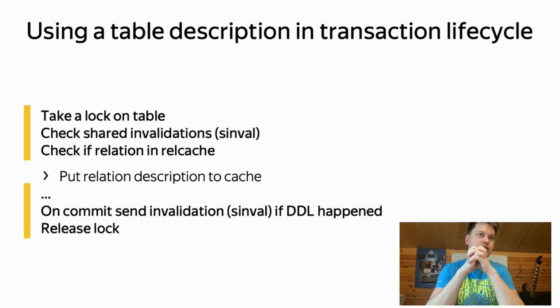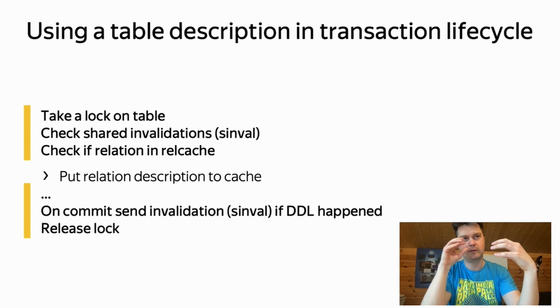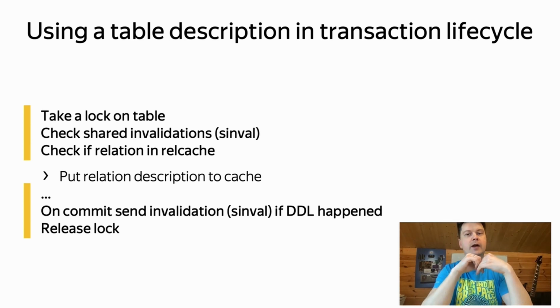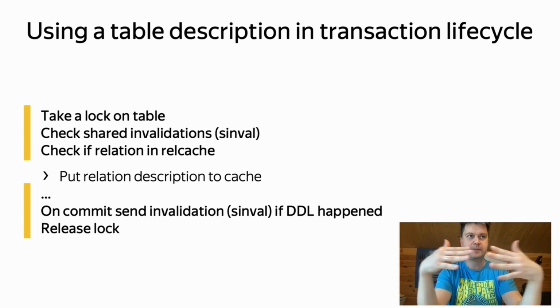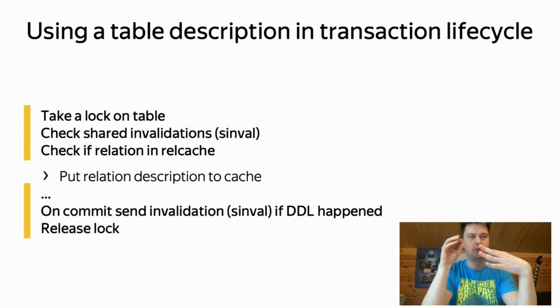If our cache is stale or we just don't have this table in our relation cache, we construct a relation description by reading system catalogs and put the constructed description to the cache.